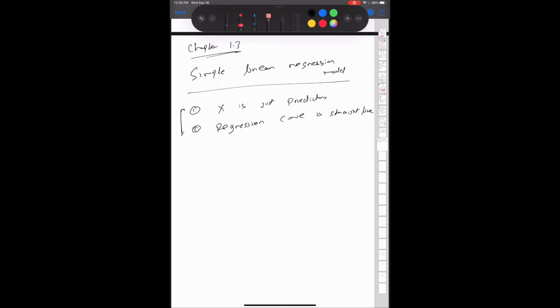In that case, how can we write down this regression model? We say y, the response, is related to x via this model. So what is beta 0? Beta 0 is the y-intercept of the regression curve. Beta 1 is the slope of the regression curve, and epsilon is the error.